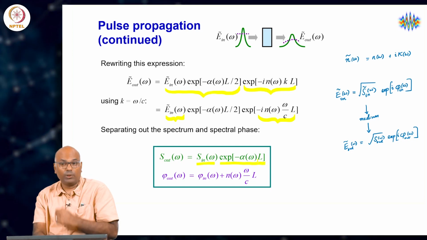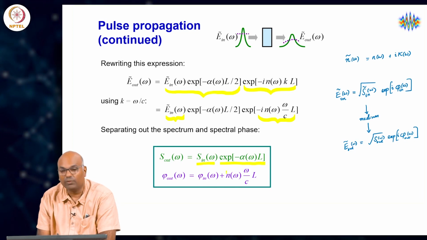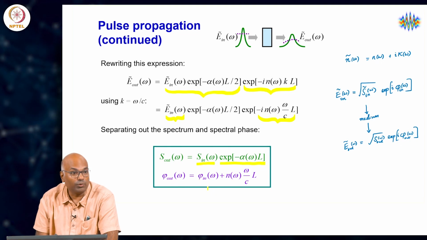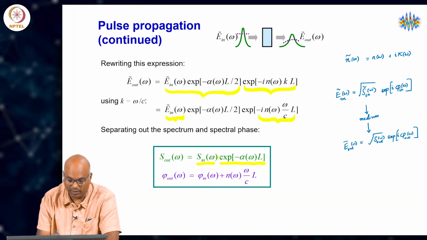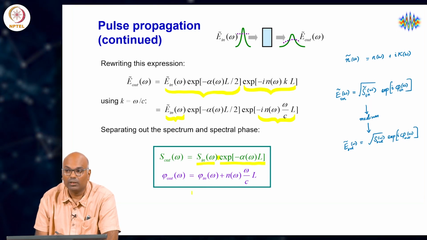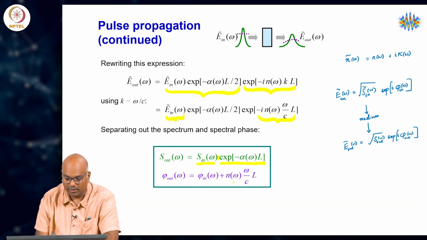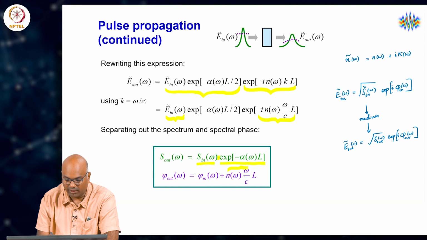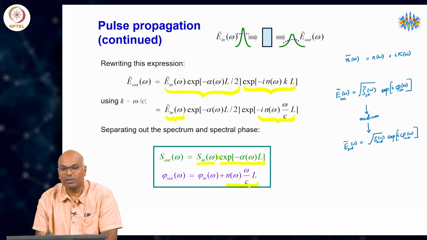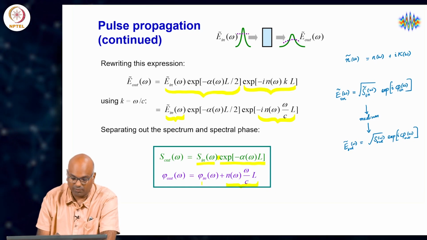So, it is S in multiplied by exponent of minus alpha L. Therefore, the attenuation of the wave due to finite absorption is multiplicative in its effect. It is multiplied to the spectrum, the spectral intensity as a function of frequency, whereas the additional phase, the delta phi that the wave gathers due to propagation, becomes an additive effect in terms of the modification of the input phase function.